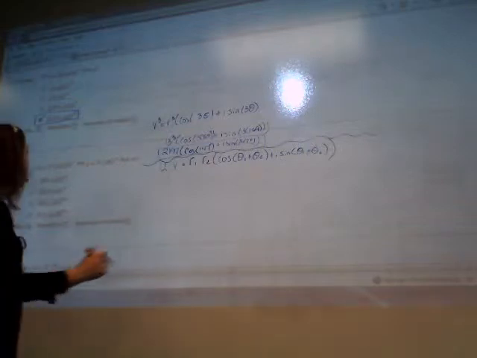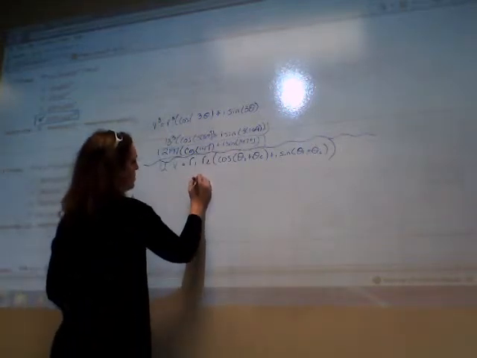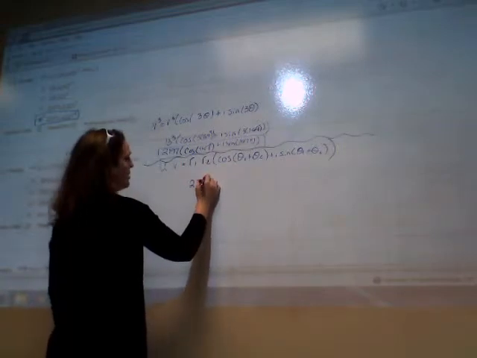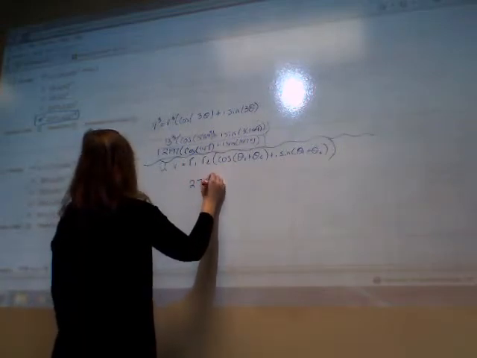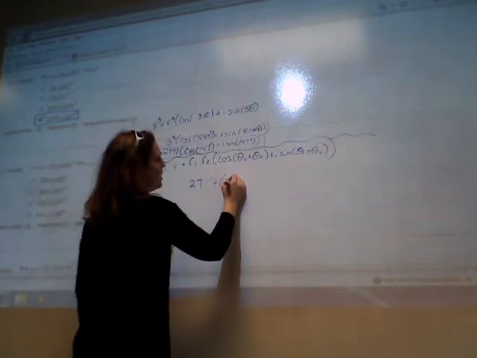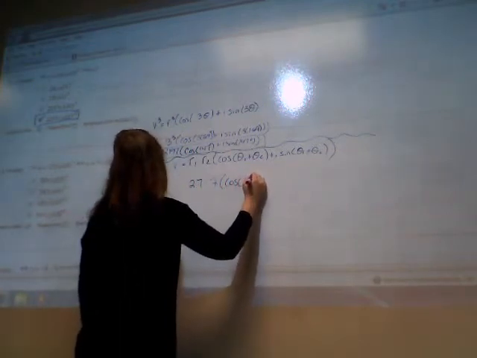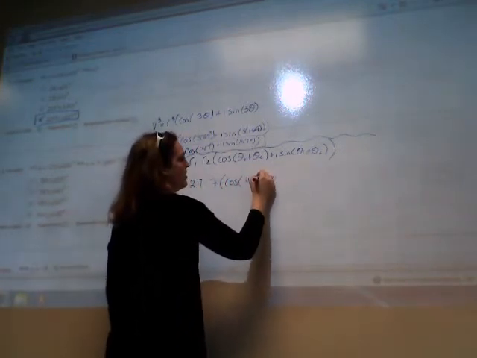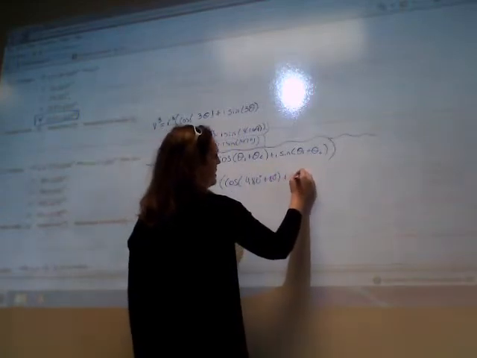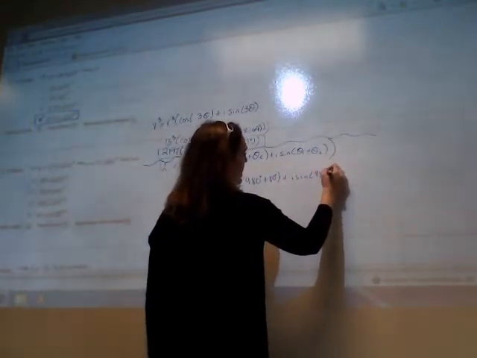All right, same thing here. We have R1 times R2. Oh, I thought I was dividing again, I was doing it incorrectly. Cosine of 480 plus 80 plus i sine of 480 plus 80.